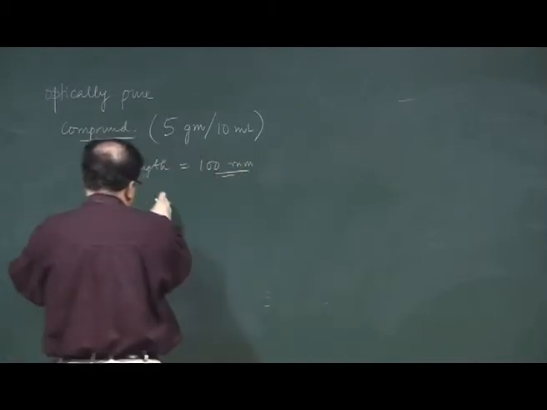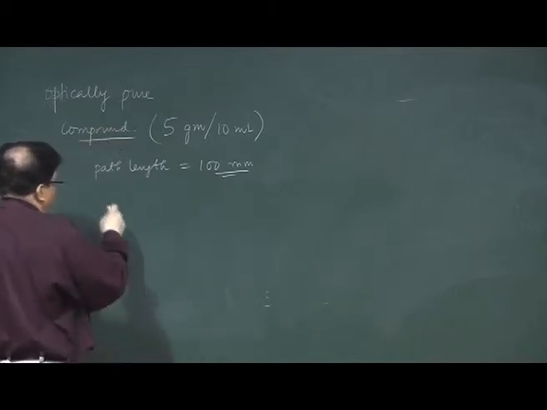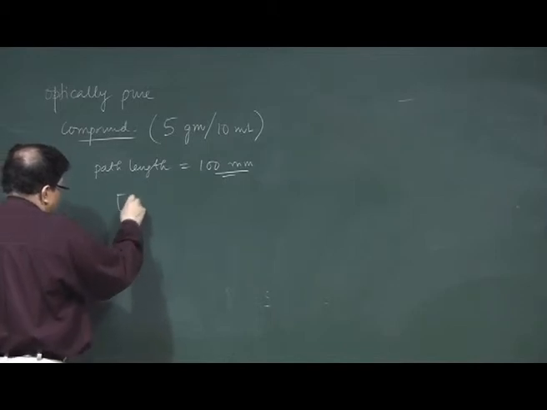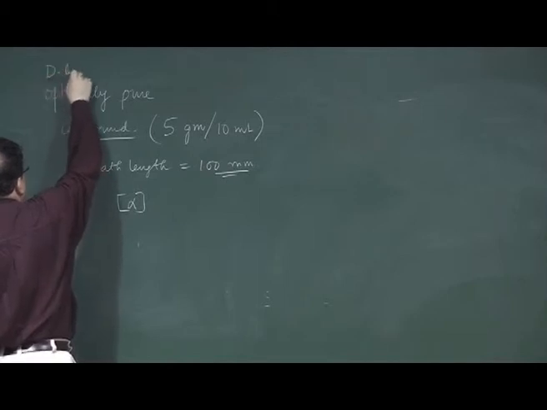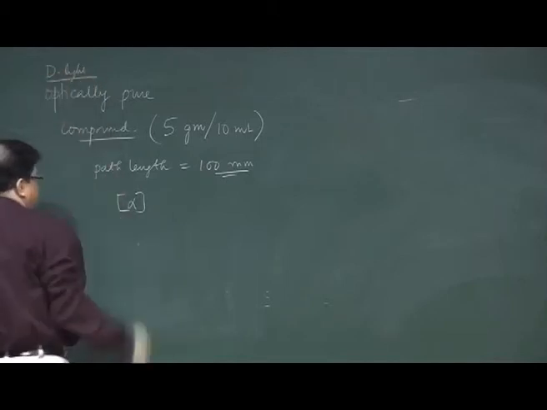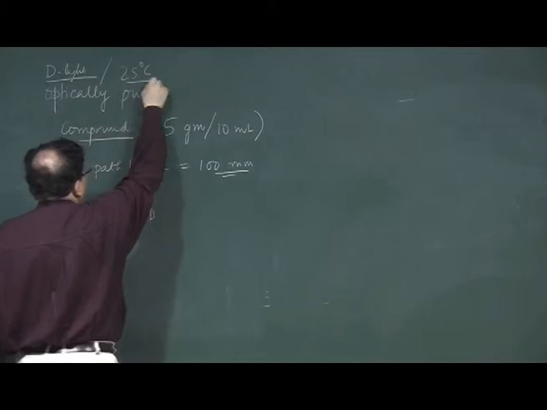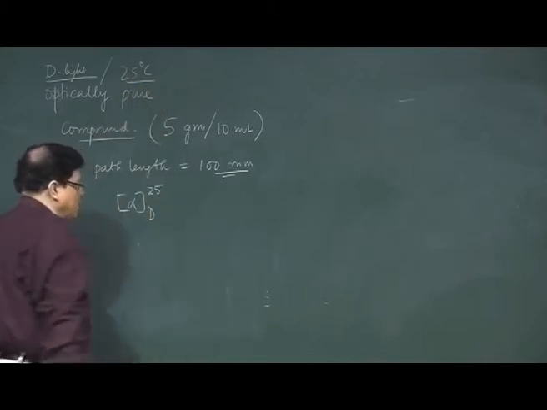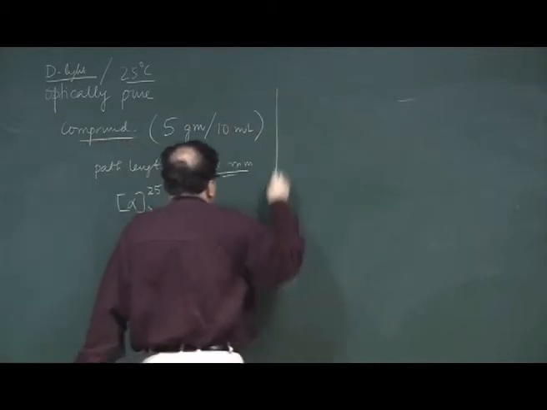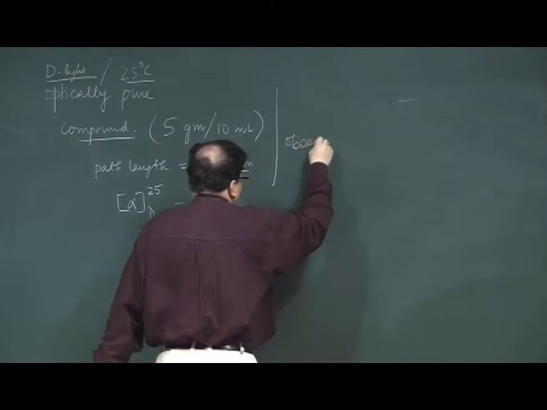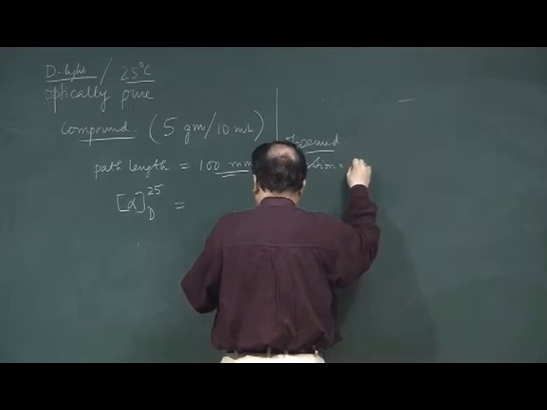That means the cell through which the light is passing has a length of 100 millimeter. So, what is the alpha D? The light used was the D light of sodium, and the measurement was taken at 25 degrees centigrade. So, you just cite alpha D 25 will be equal to, and the observed rotation when light passed through, suppose, is plus 40 degrees.